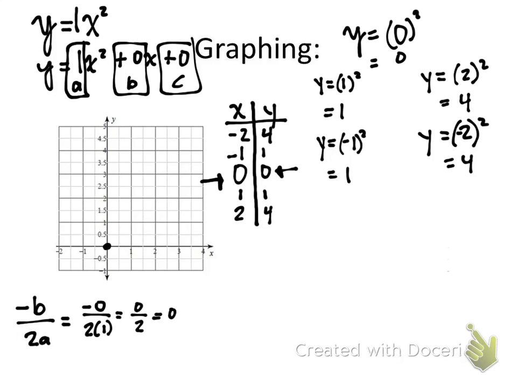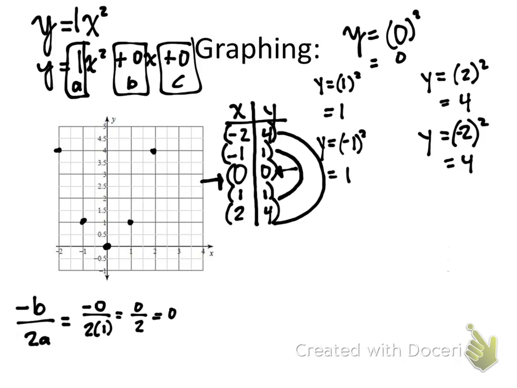Then you'll notice that on the y's, these are pairing up with each other, okay? Those need to always be the same. So 0, 0, we plot the next point as 1, 1 that we did, and then we did 2, 4. And we plot each of these as ordered pairs, okay? Again, these are all ordered pairs. You should be able to plot these down.